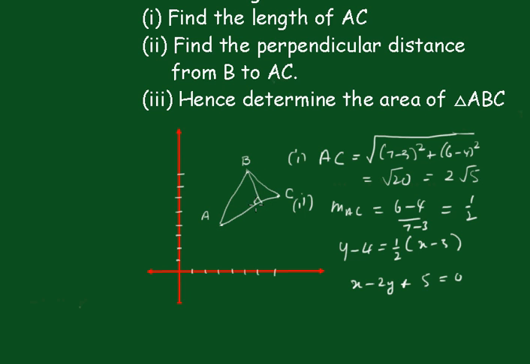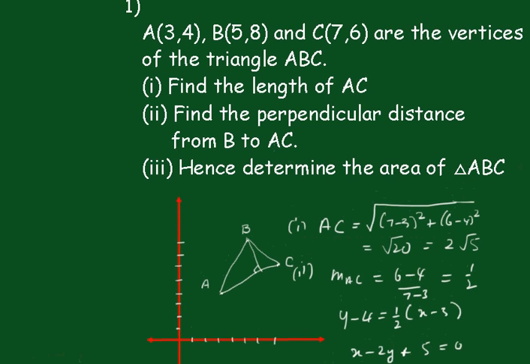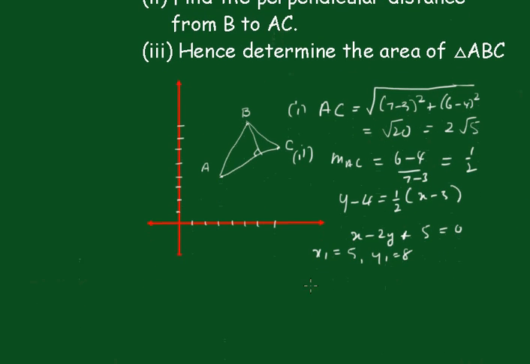And we want to find the perpendicular distance from B to AC. So using our little formula, we know that x1 is equal to 5, and we know that y1 equals 8. Okay, so now we know that A is equal to 1, B equals negative 2, and C equals 5.